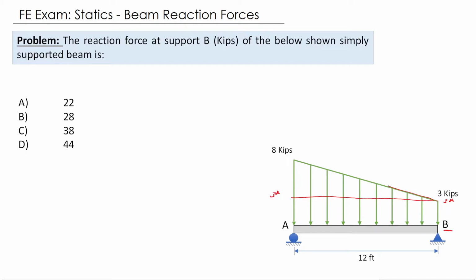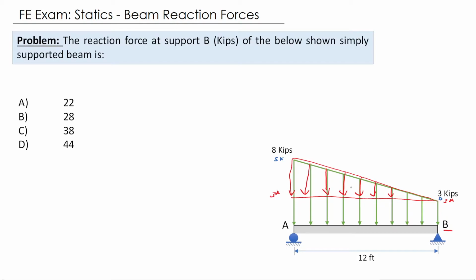This is the other load. It starts from 0 and it ends up with 8 minus 3, which is 5 kips.